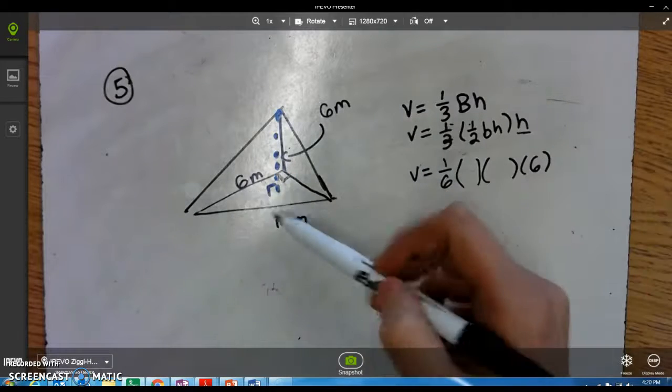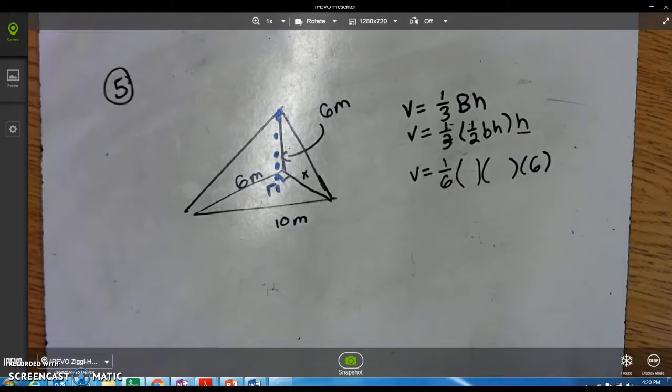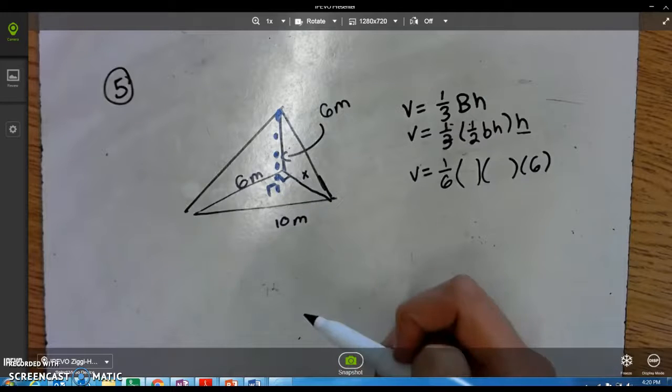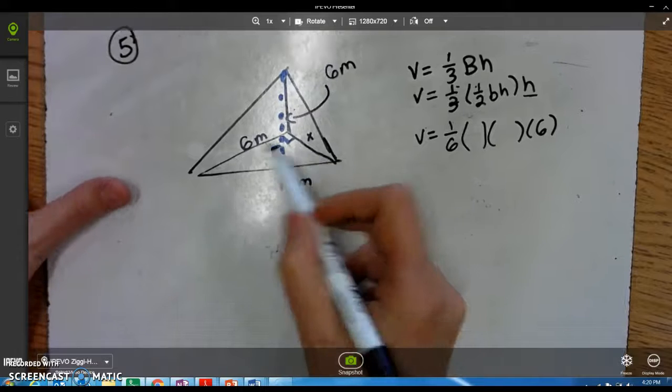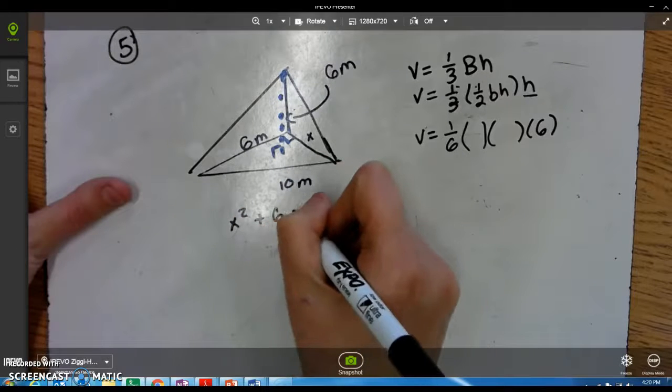But we were given this side and this side, which means that we have to figure out what this is so that we can plug it in, because the base touches the right angle and the height touches the right angle. So this is just there due to the Pythagorean theorem. If you memorize your Pythagorean triples, you should know what x is here. If not, you're going to plug it in.